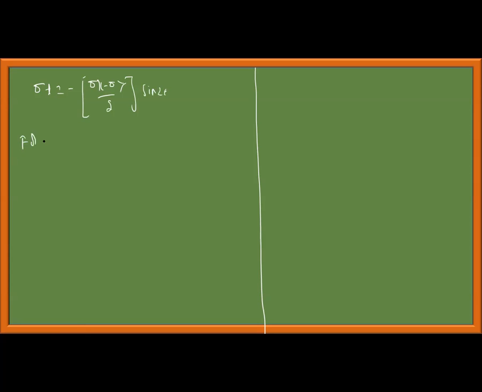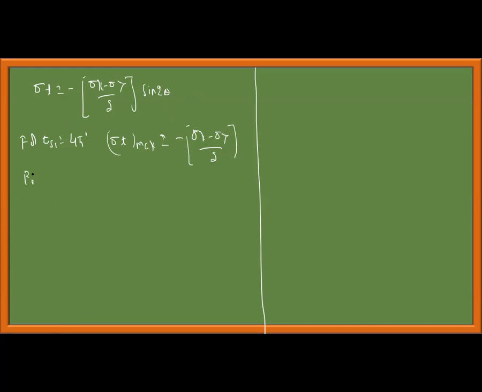For theta S1 equal to 45 degrees, sigma t is maximum. These are the planes on which shear stress is maximum. Sin 2 theta, 45 into 2 is 90, so this will be equal to minus of sigma x minus sigma y by 2.